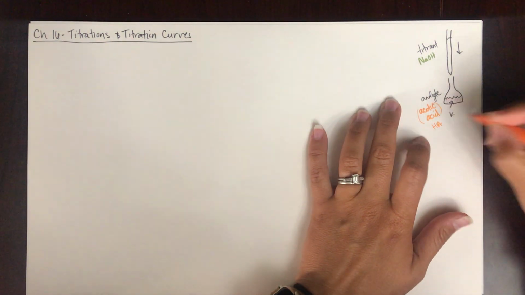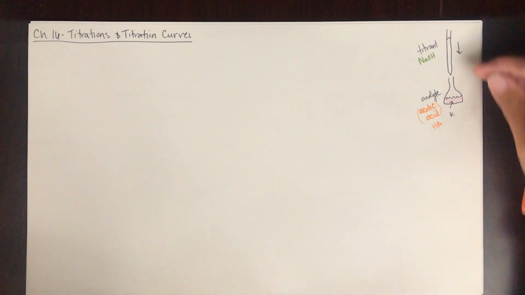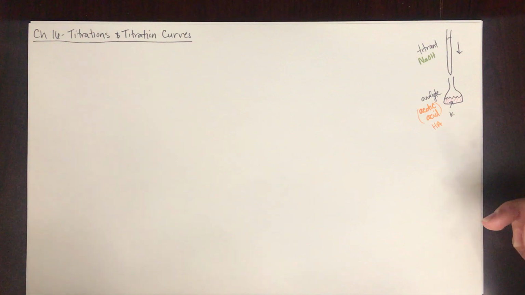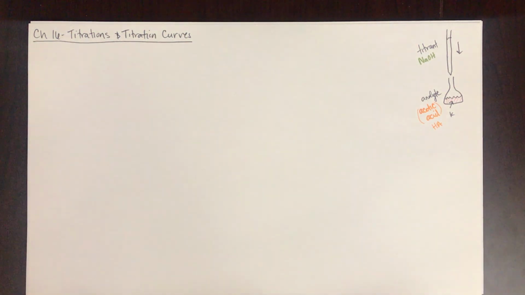It's just HA. It's a weak acid. So we're titrating a weak acid with a strong base. The equivalence point is when we have equimolar concentrations of acid and base. So equal amounts.